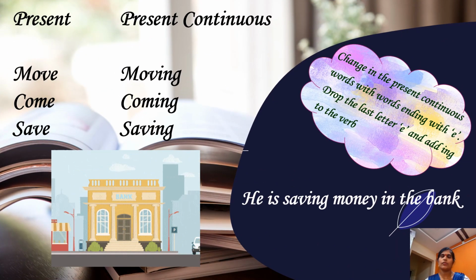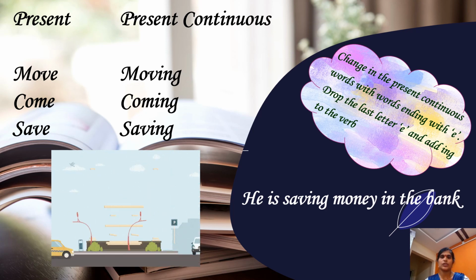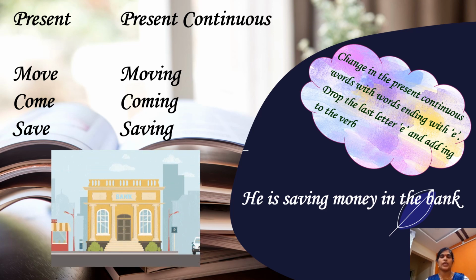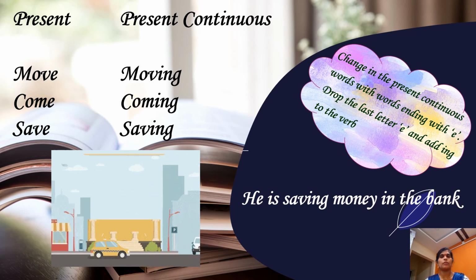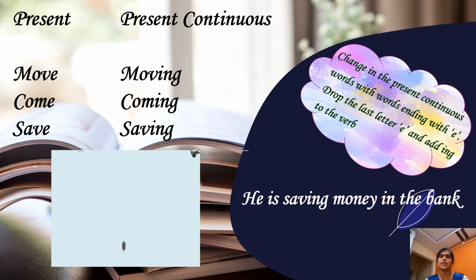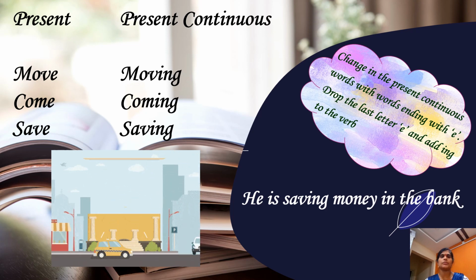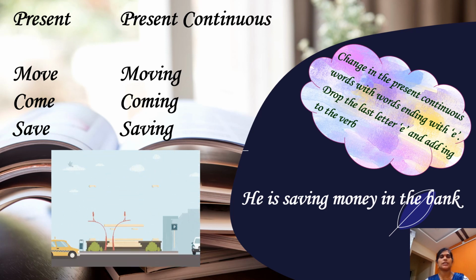Children, here we are with the second spelling rule in the present continuous tense. That is, change in the present continuous words with the words ending with the letter E. While changing it into present continuous tense, we have to drop the last letter E and then add the letters ing to the verb. For example, move, moving, come, coming, save, saving.